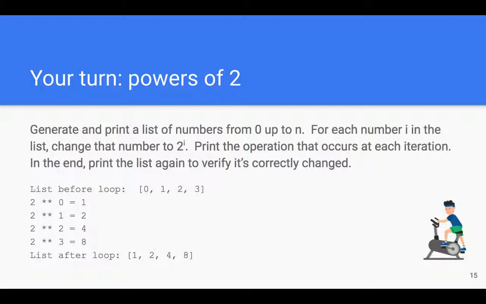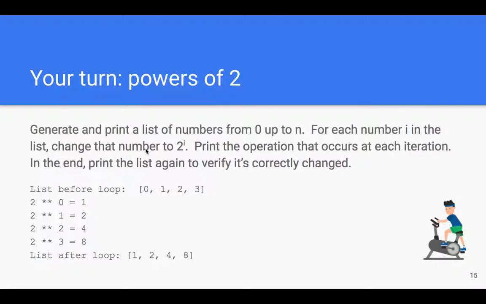Okay, so here is a little coding exercise for you. What I'd like you to try is first generate and print a list of numbers from 0 up to some number n. Okay, make n into a variable, right? So you can change it to whatever. Now, for each number in the list, I'm going to call that number i.